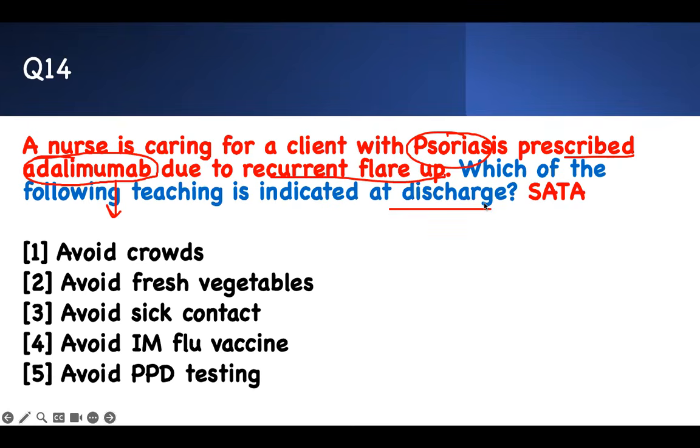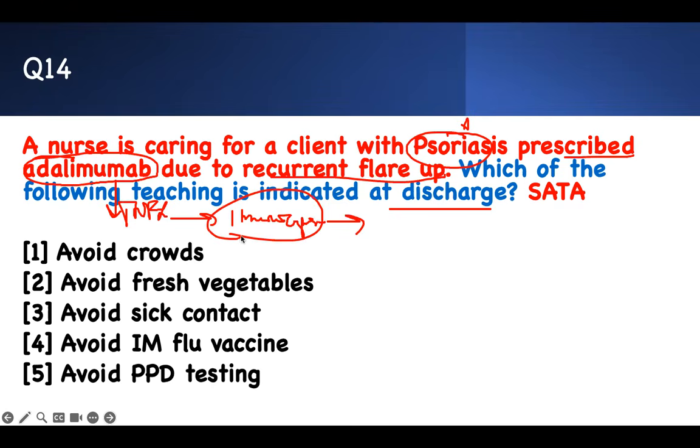All the question is asking is, you have psoriasis, we give you this. You know, this is psoriasis, always need immunomodulators. We call them DMARDs, immunomodulators. This is the TNF alpha medication that can make you immunocompromised. So most people with psoriasis take this medication, which makes them immunocompromised.